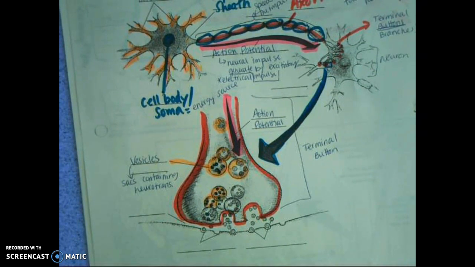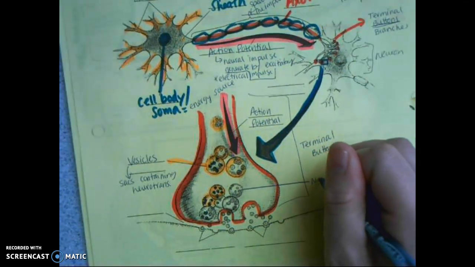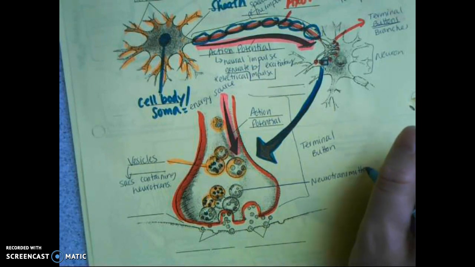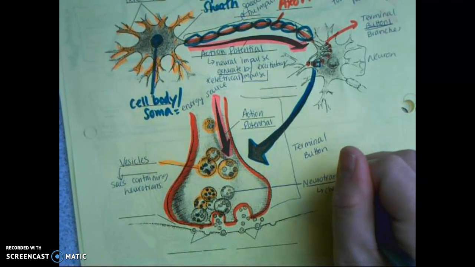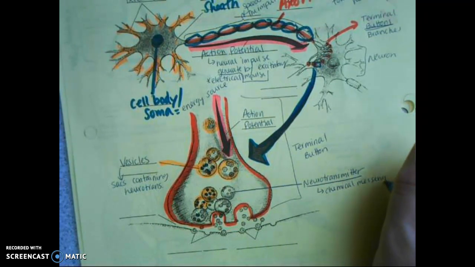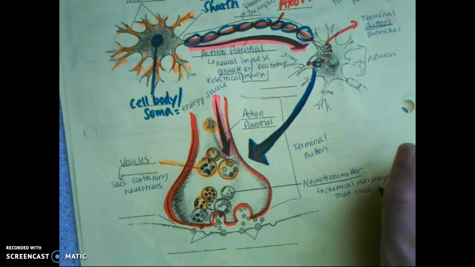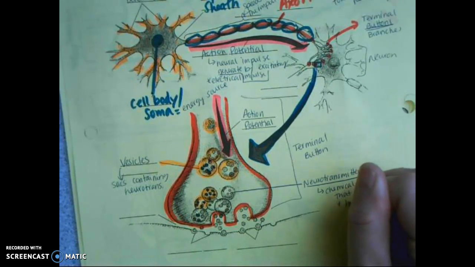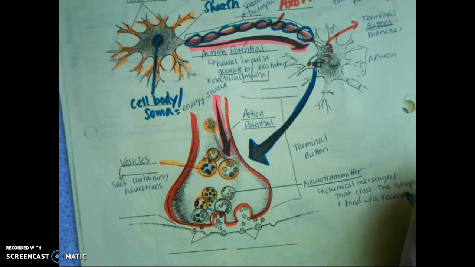We'll draw an arrow right here. So these are neurotransmitters. And neurotransmitters are chemical messengers that cross the synapse and bind with a receiving neuron.